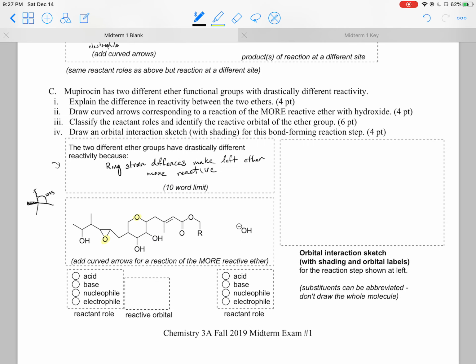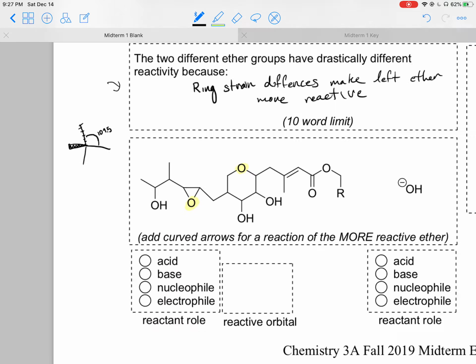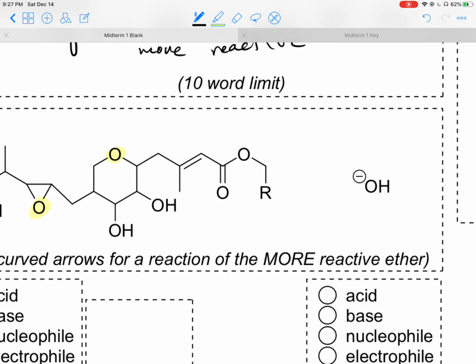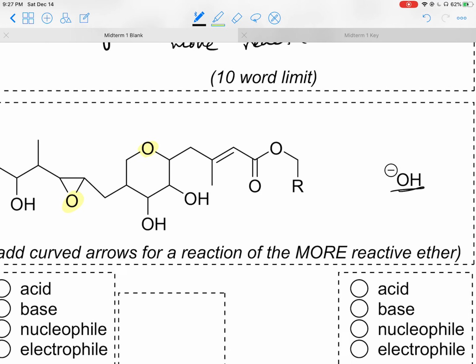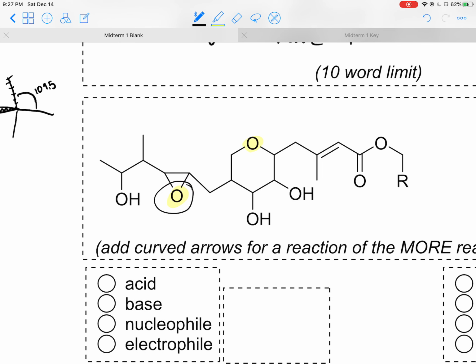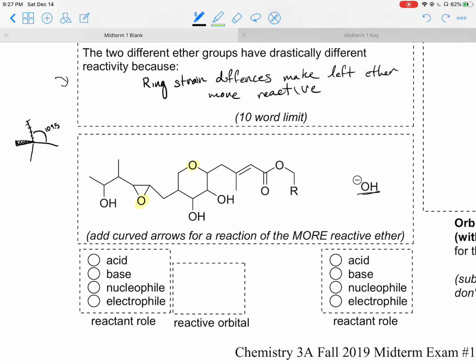So the next part is draw curved arrows corresponding to a reaction of the more reactive ether with hydroxide. So basically what's going to happen is we've got this OH group right here, and we've got this epoxide right here that isn't happy at all. So we don't want to just break one of these bonds onto the oxygen, because then we'd have a plus charge right here.